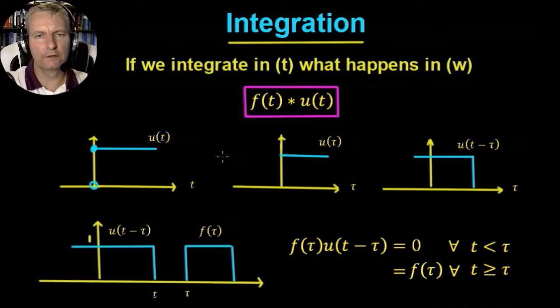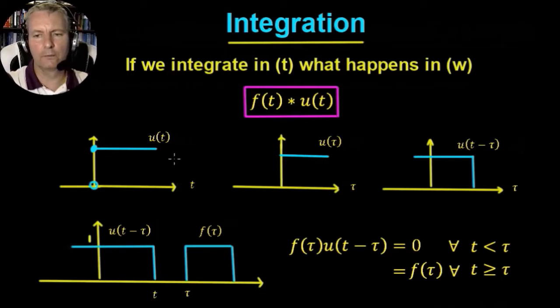Now let's have a wee look at this graphically, and we'll see if we can work out why this is the case. So let's take a function u of t. Now we know that in order to convolve this, we've got to take one of these functions and introduce a dummy variable. We've got to flip it in the y-axis, so it's a mirror symmetry in the y-axis.